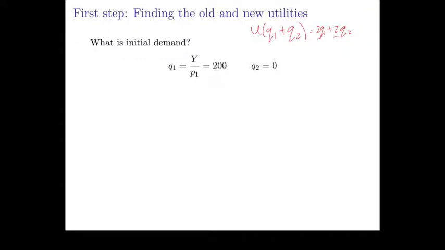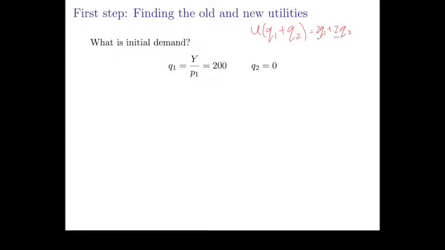So you're just always going to buy the cheaper of the two goods, and you don't buy any of the more expensive of the two goods. And if they have the same price, then you just spend all your income on the two goods in any proportion. If you go back to chapter 3, that's what we found to be the perfect substitutes demand.